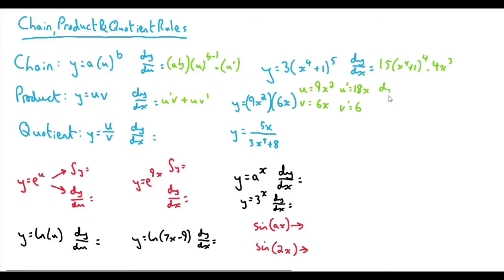To combine these together to get your dy over dx, first of all u dash v, so the 18x times the 6x, that's going to get you 108x squared. Then adding on u times v dash, so 9x squared times 6, that's 54x squared, and so together that makes 162x squared.